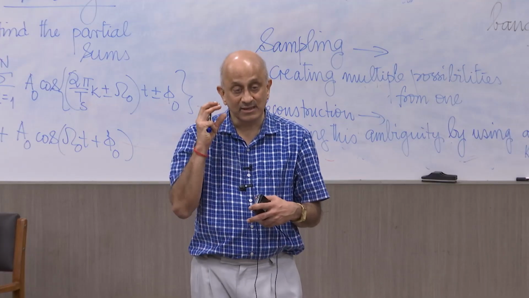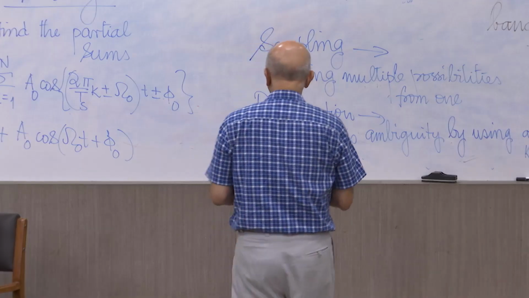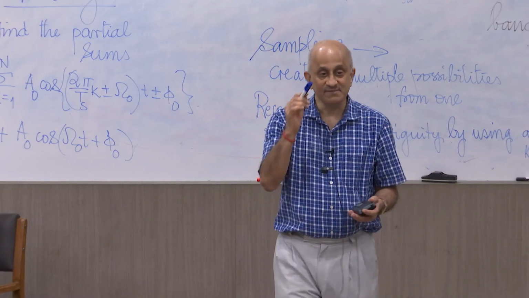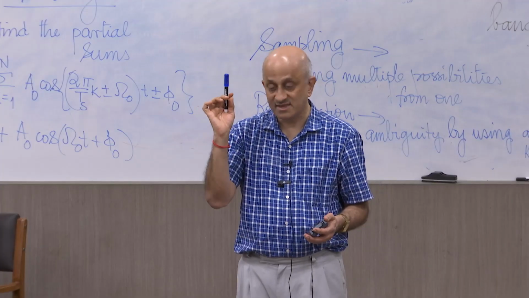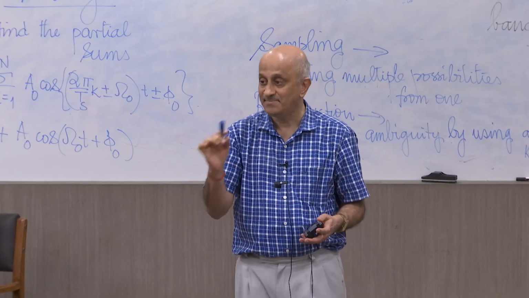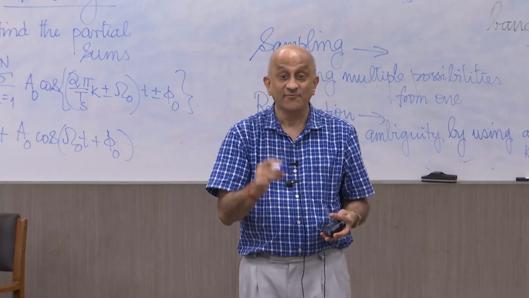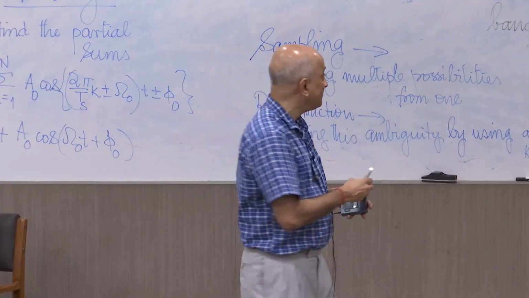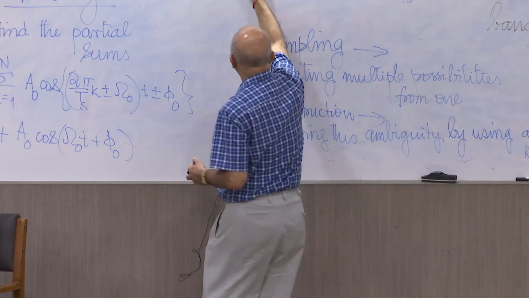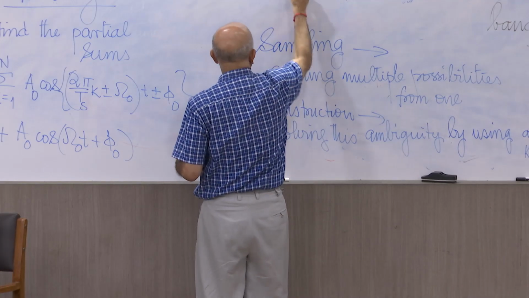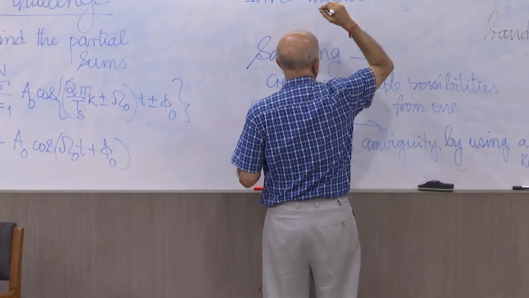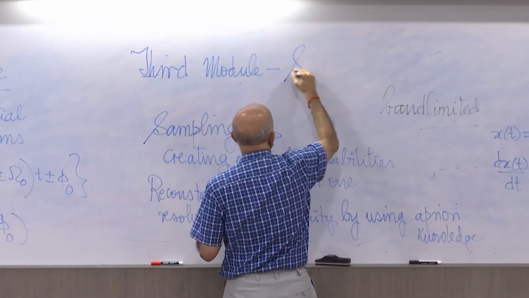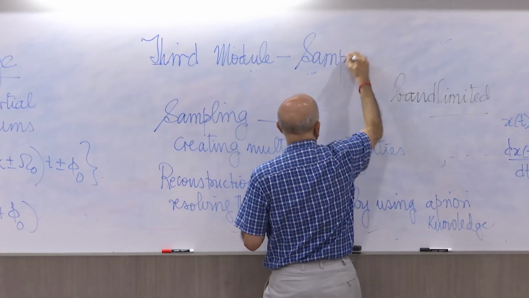So now this is the third module. Yesterday I said that in the first module on signals and systems, we talk about natural systems and signals in the natural domain. What was the second module? The Fourier transform, and now we have the third module: sampling and reconstruction.